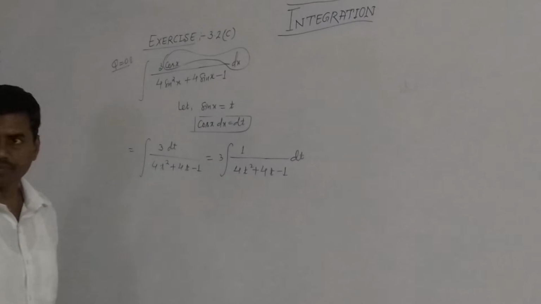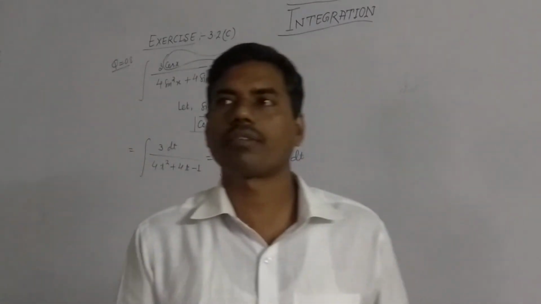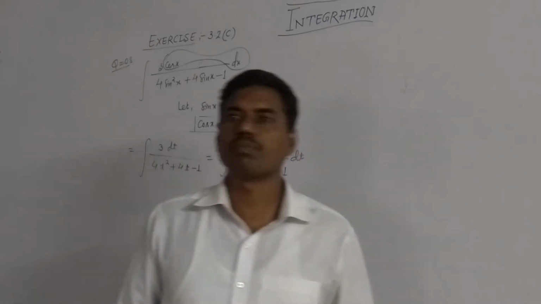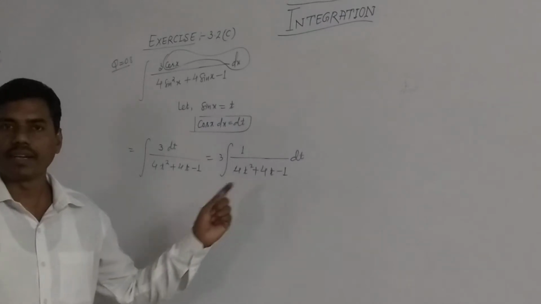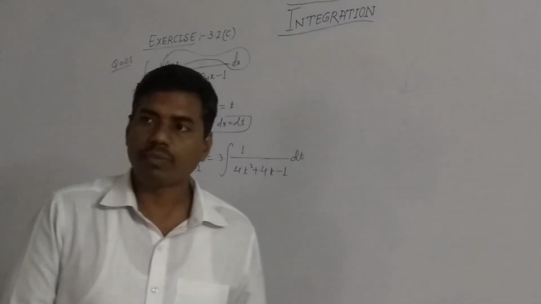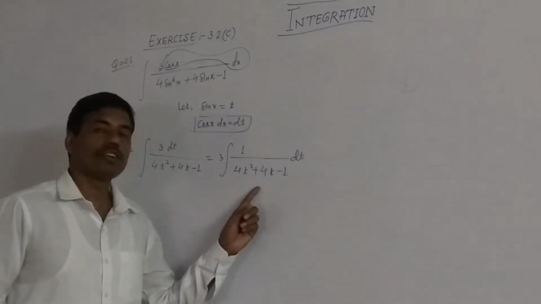Now we have an integral of the type 1 upon ax square plus bx plus c, that is, a quadratic expression in t as the denominator. What is in the denominator?